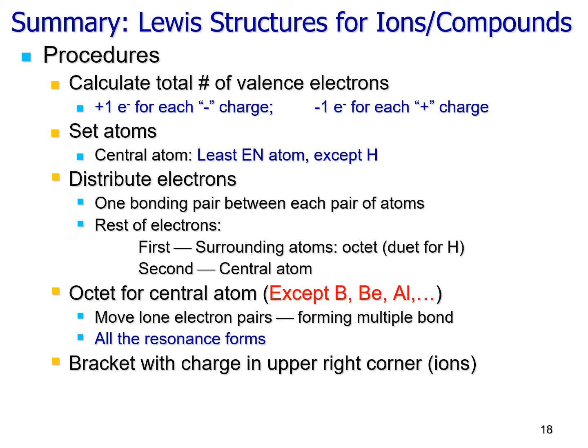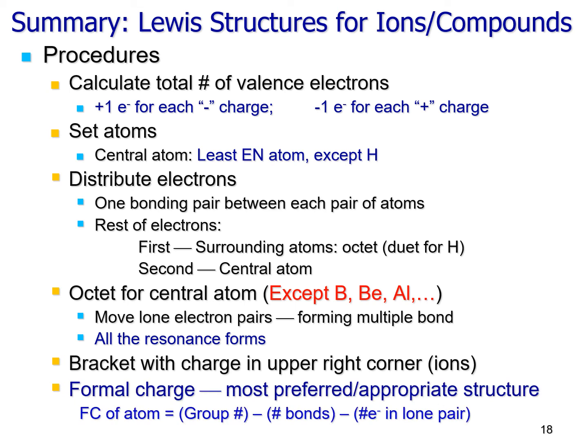As we move up the lone pair of electrons from terminal atoms, this is how we're going to form the multiple bond. And this is probably the cause for us to have the resonance. For ions, we break every valid Lewis structure, which we call the resonance, if there's any, and put the charge on the upper right corner to show it is an ion, or that these are the resonance structures for this ion.